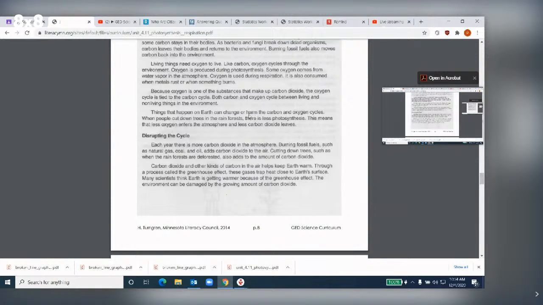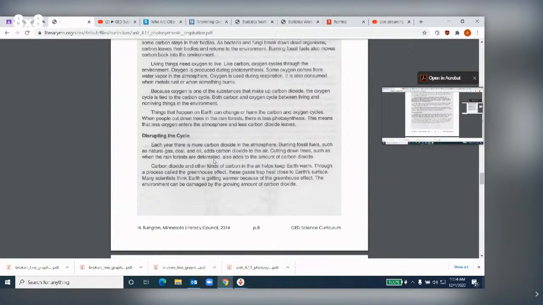Things can happen on Earth that change or harm the carbon and oxygen cycles. When people cut down trees in the rainforest, there's less photosynthesis. This means less oxygen enters the atmosphere and less carbon dioxide leaves. Each year, there is more carbon dioxide in the atmosphere. Burning fossil fuels such as natural gas, coal, and oil adds carbon dioxide to the air.